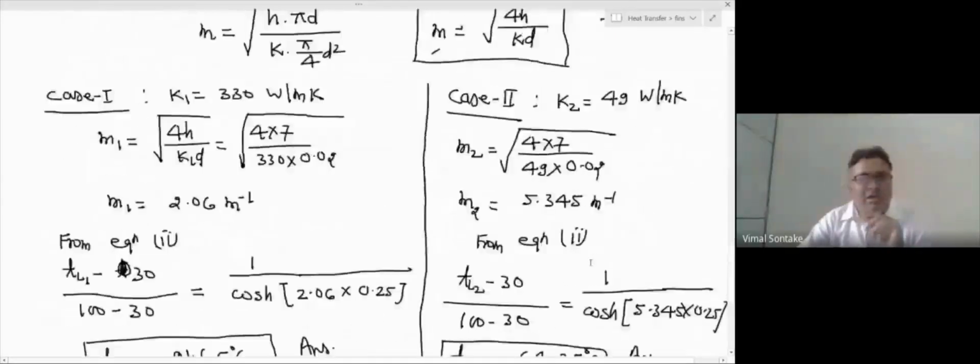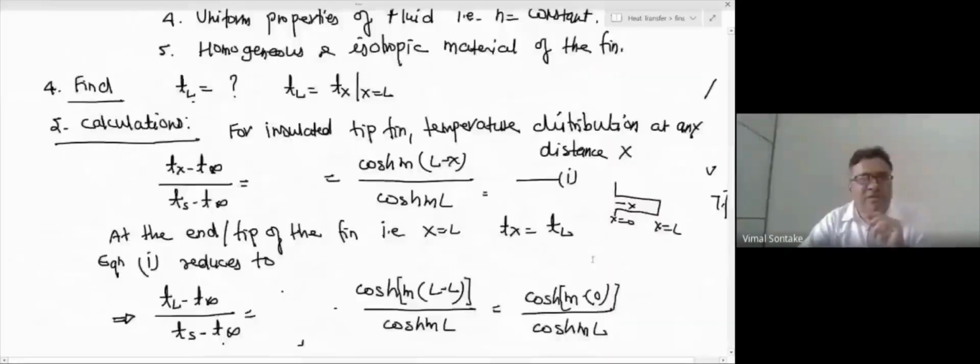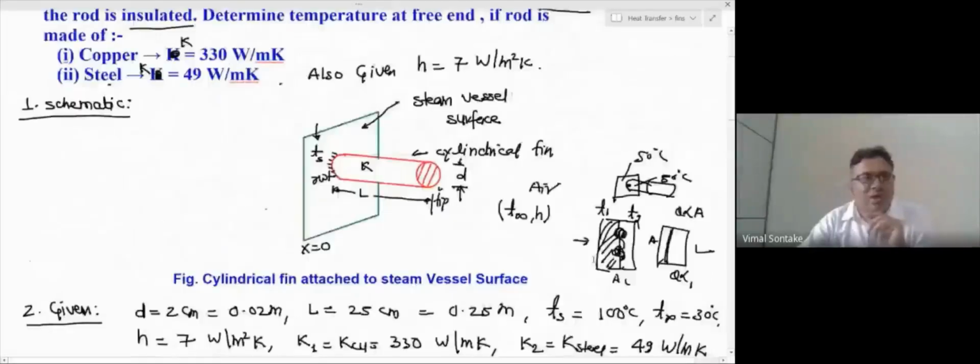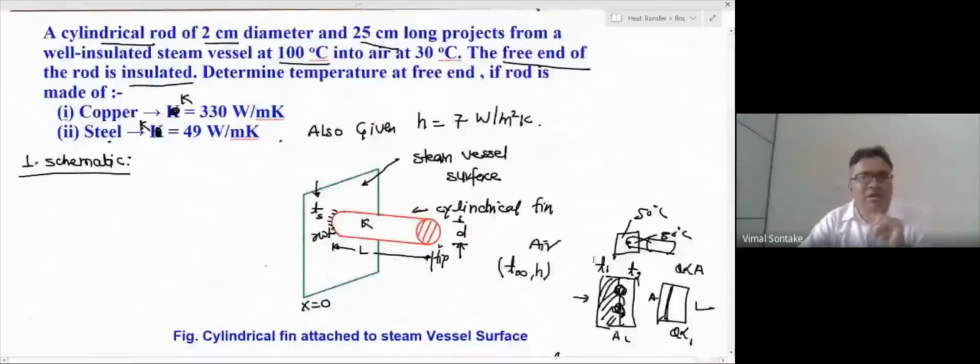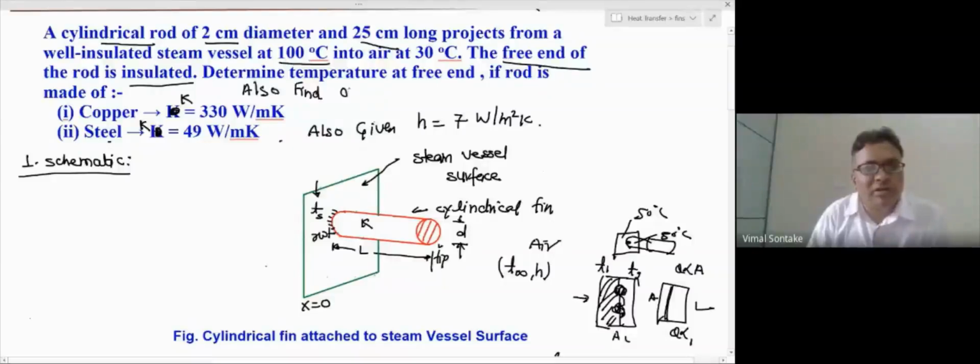One more thing I forgot to mention in the problem itself. I don't know why I have written this incomplete problem. After finding out the temperature, I can also find out, please let me complete this problem, also find out heat transfer in each case.